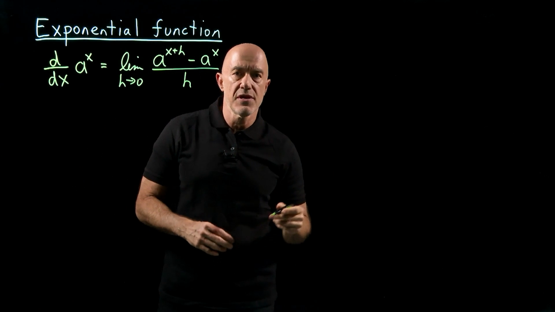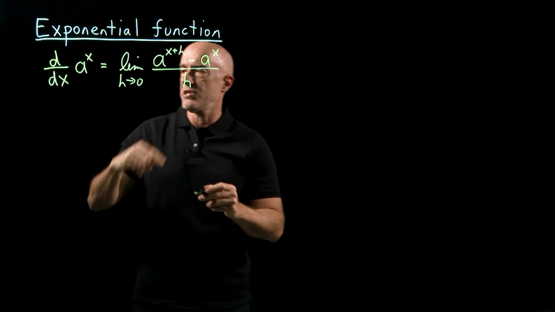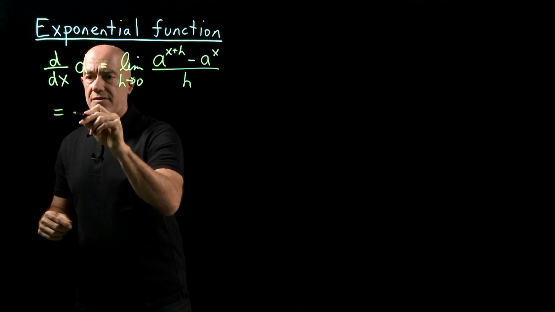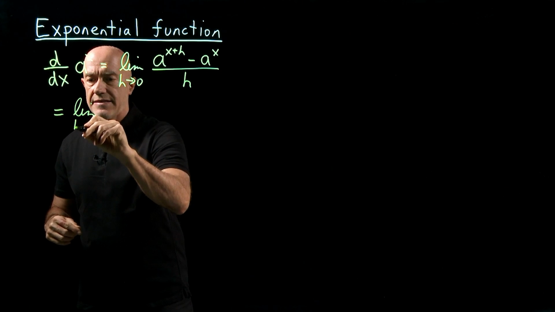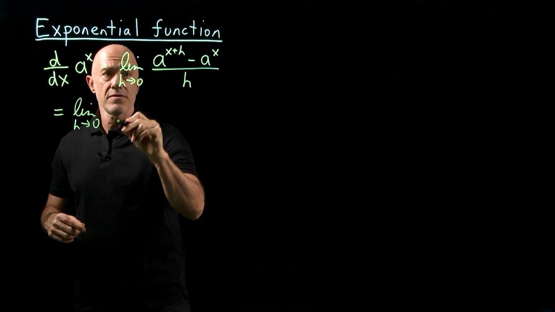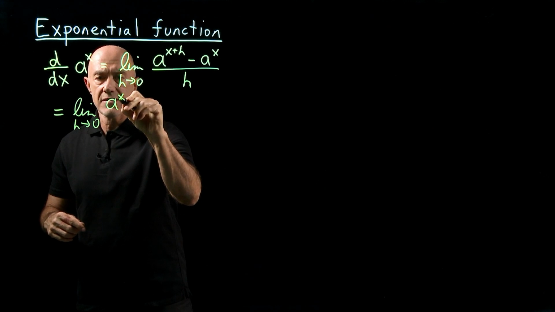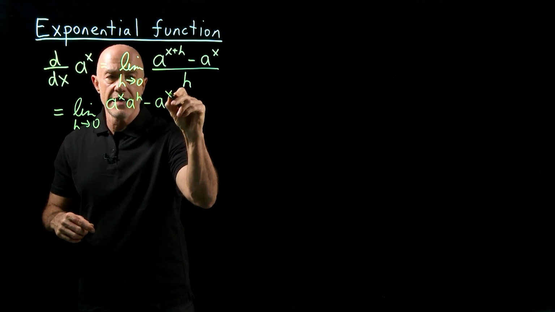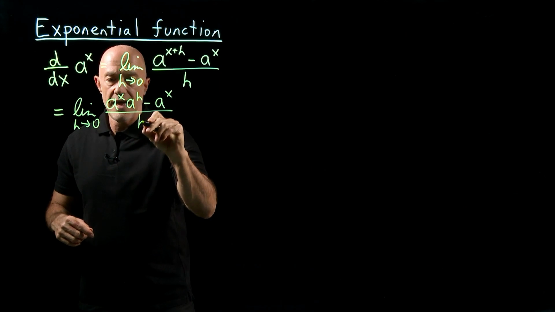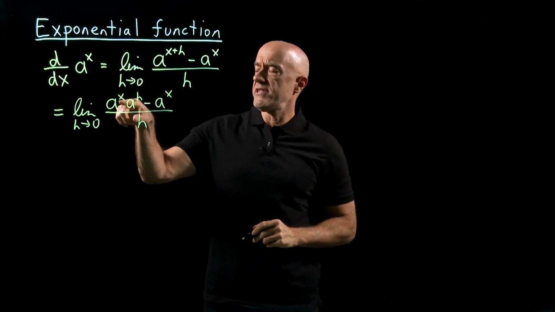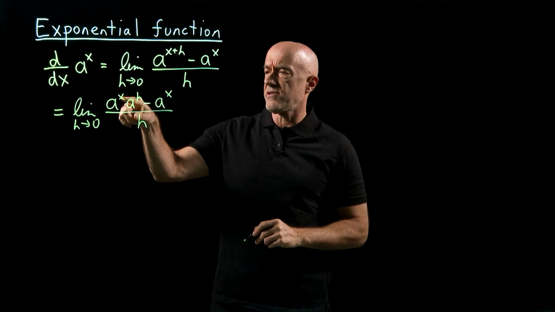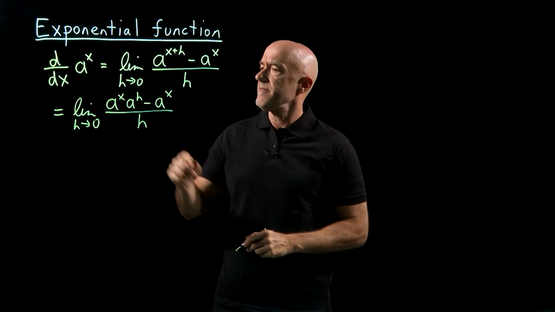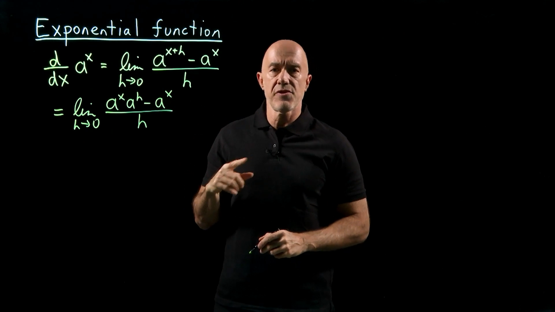We can use the property of the exponential function and write that as the limit as h goes to 0 of a to the x times a to the h minus a to the x divided by h. We see we have a common factor of a to the x here, so we can factor it out.